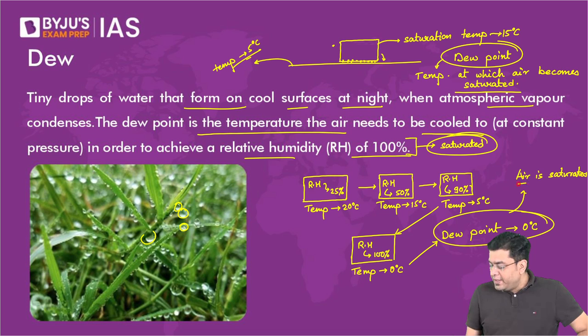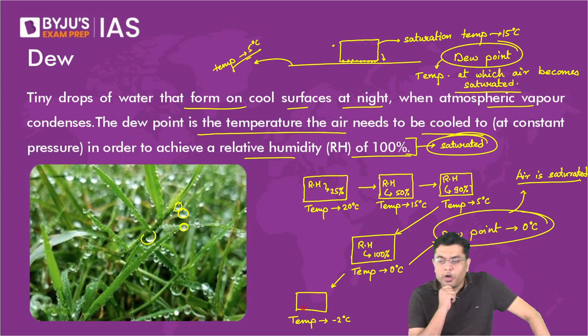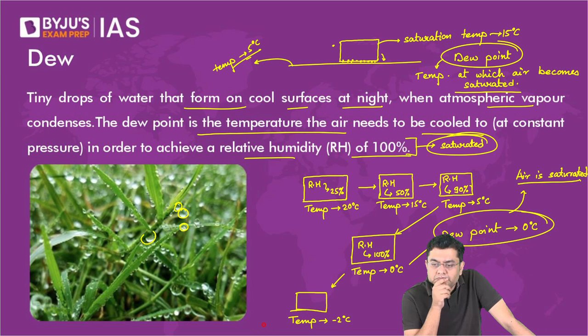Okay. So in this case, let's say I cool it down further and the temperature is minus 1 degree Celsius or minus 2 degrees Celsius. Now, in that case, what will happen? Will there be a dew formation or not? Yes, there will be condensation.